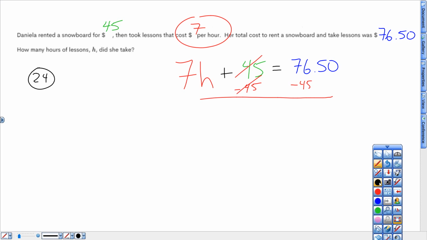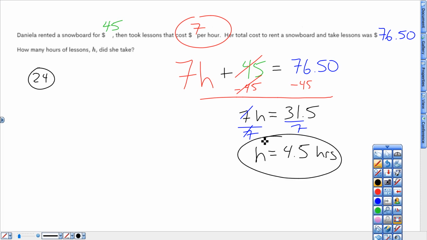Bring that 7H down. Subtract 76.5 minus 45. That will give you 31.5. And then divide 31.5 by 7. Calculator should spit out the number of hours is 4.5 hours. All right, one last problem.